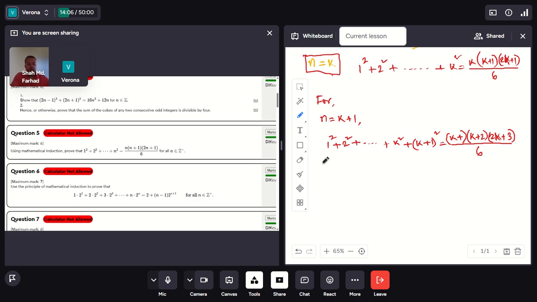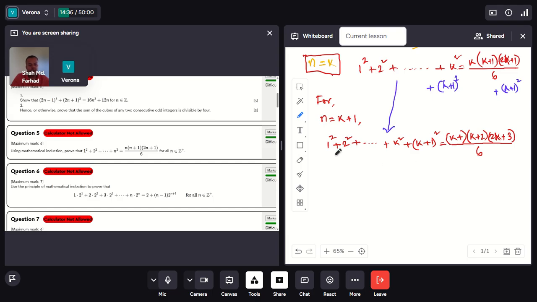Now if we can show that, if we add this term k plus 1 power 2 on both sides, then we are getting this left side.